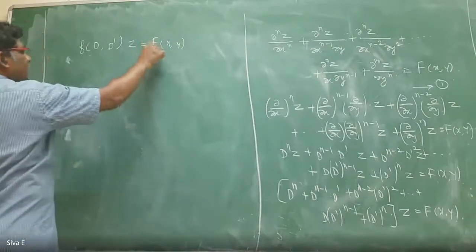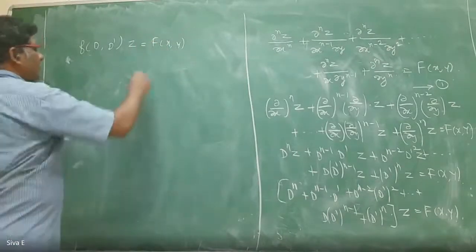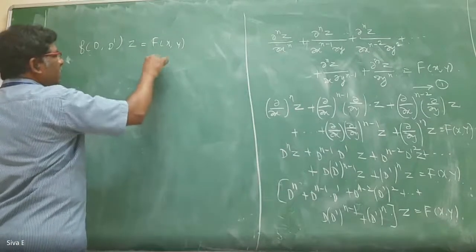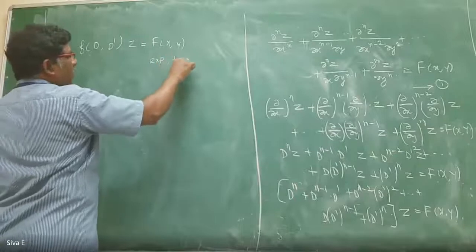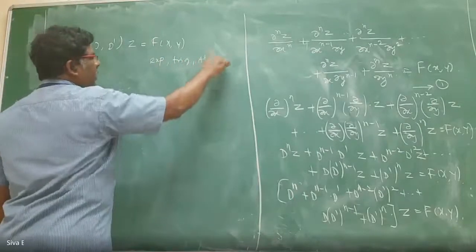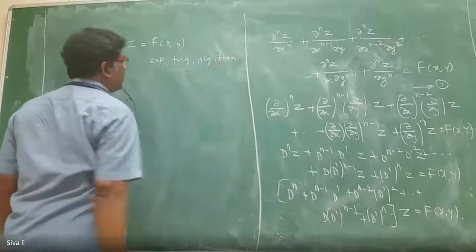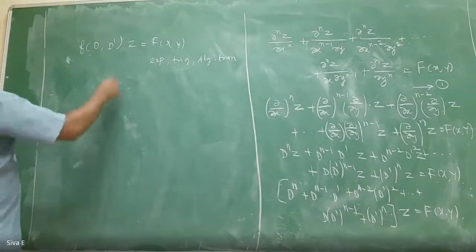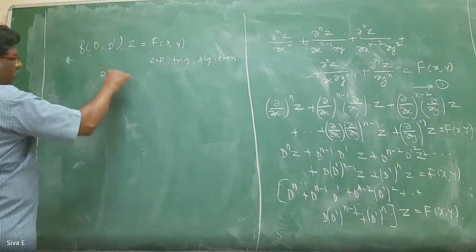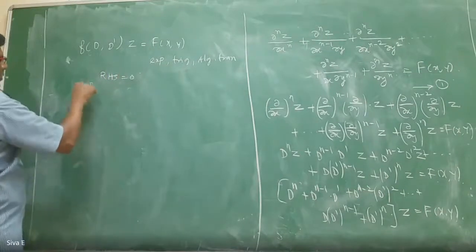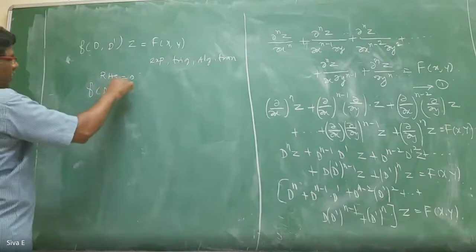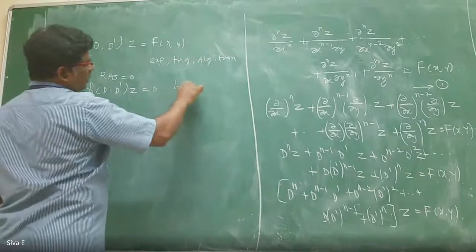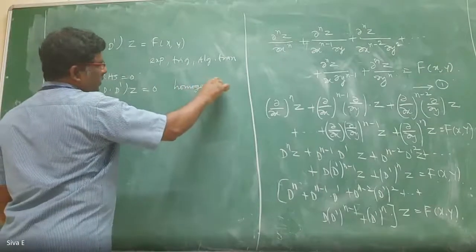So this right hand side, what is f of x comma y? Right hand side f of x comma y is either exponential or trigonometric or algebraic or transcendental equation. Now, in case the right hand side equal to 0, f of D comma D dash z equal to 0, this equation is called homogeneous equation.